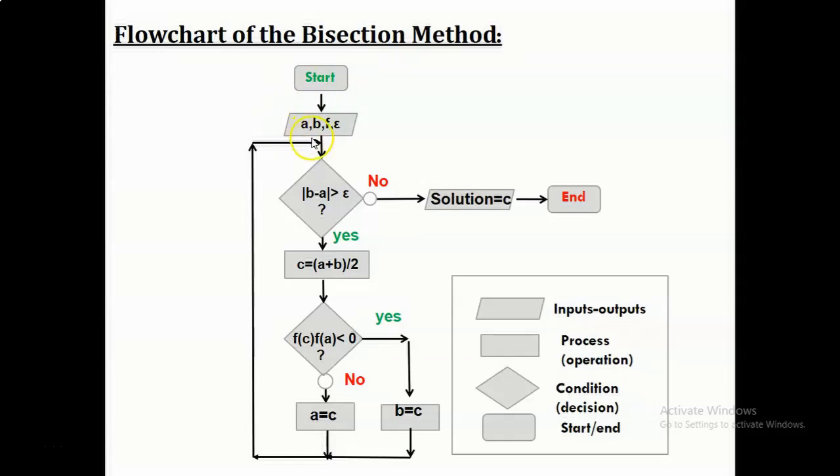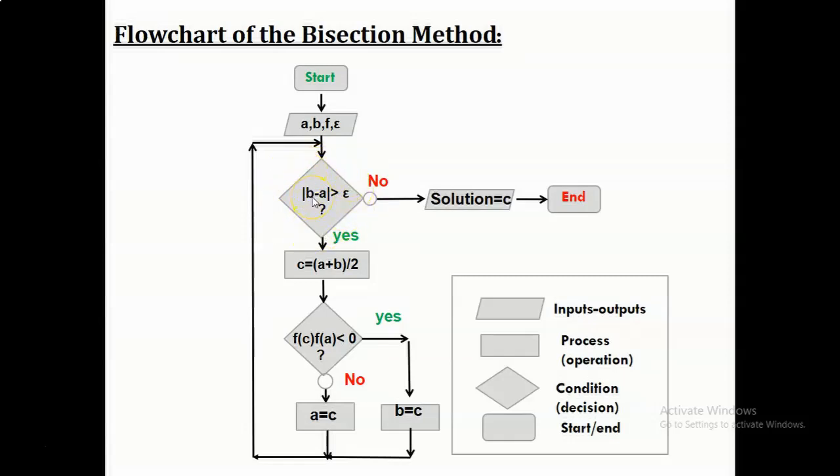So we start by defining the inputs of the problem, which are a, b, the function f, and the precision epsilon. And now we will implement a while loop.